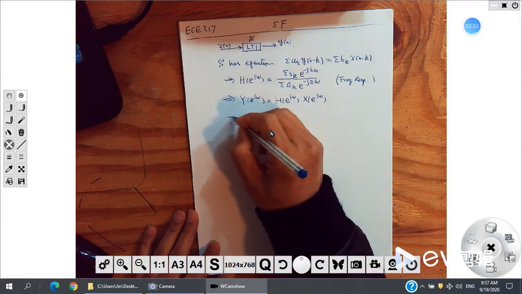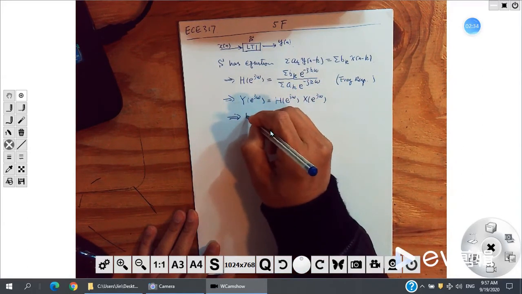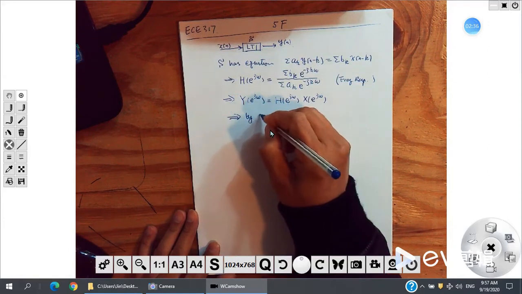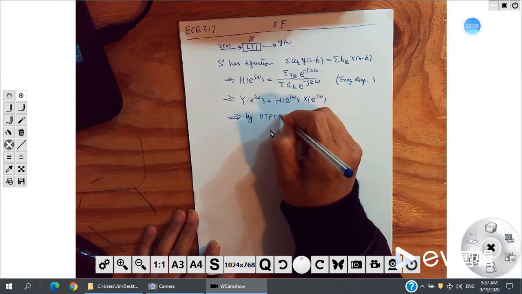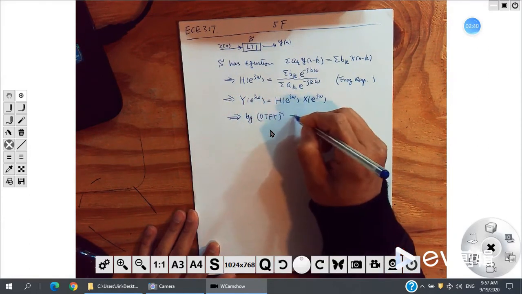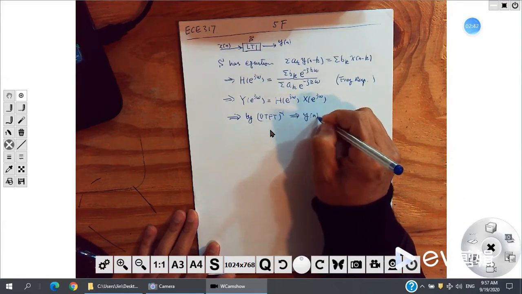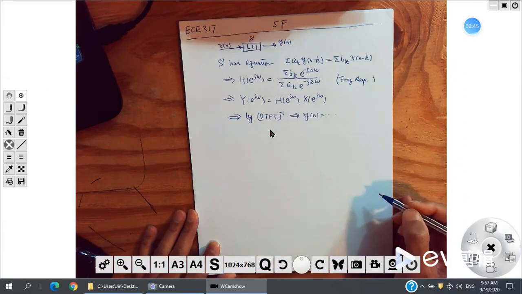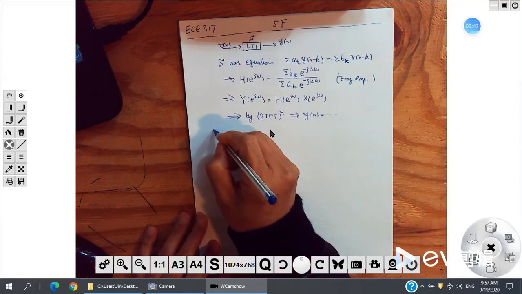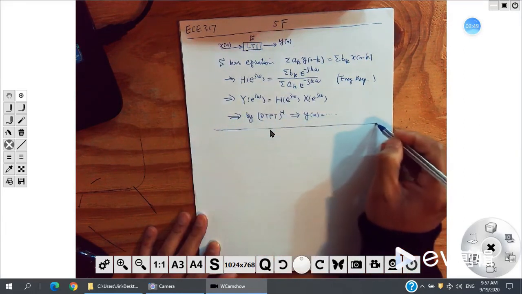Then we perform the inverse DTFT and we can have y[n]. This is a kind of standard way to solve the system.